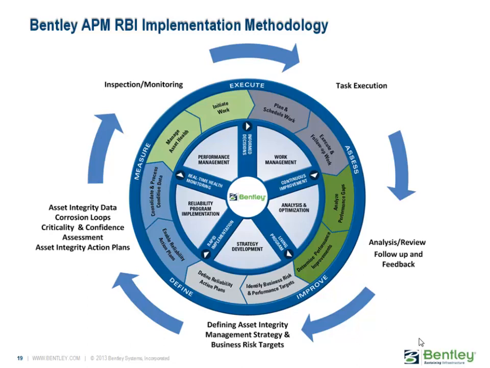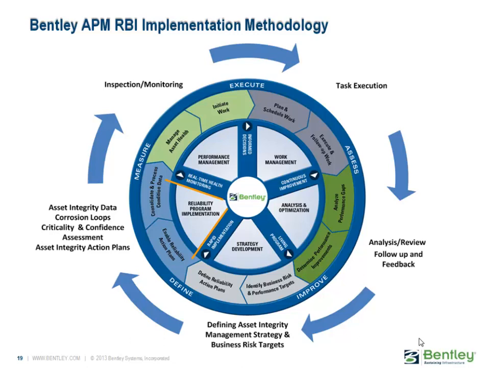For example, the strategy development phase can involve defining asset integrity management strategy and business risk targets. After that, reliability program implementation will consider asset integrity data collection, defining corrosion loops, conducting criticality and confidence analysis, and also defining the asset integrity action plans.